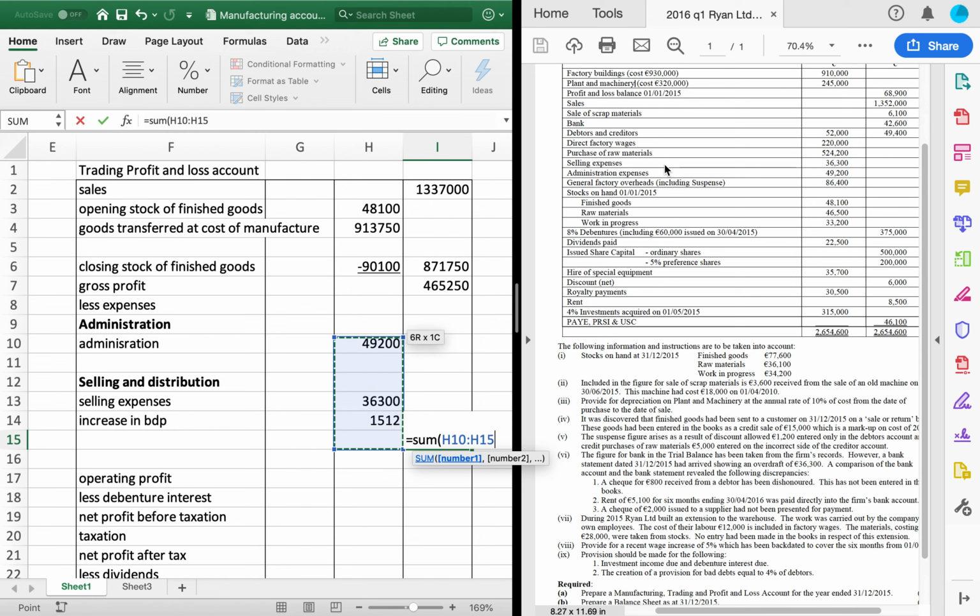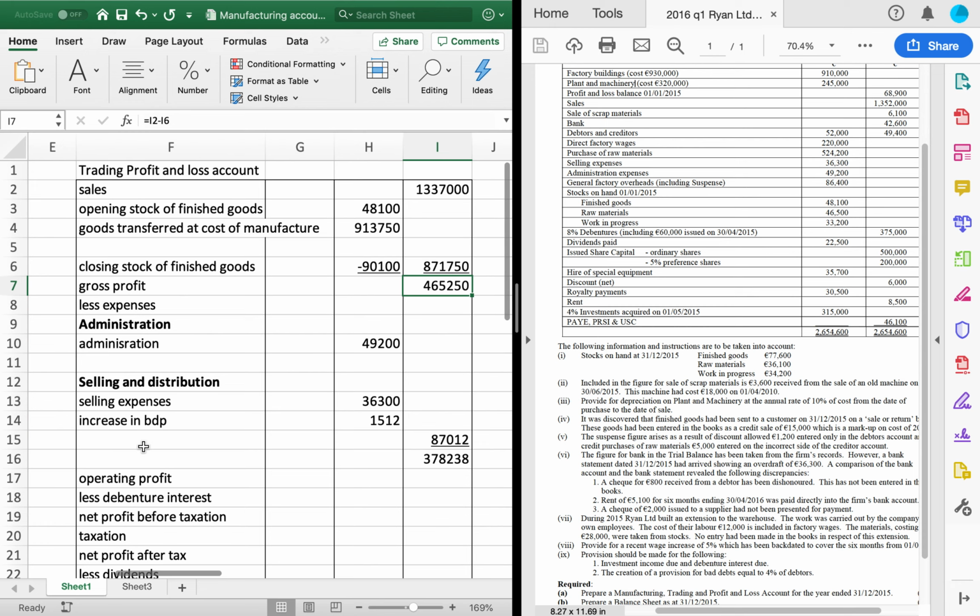Obviously, you should really total them, but anyway, that'll do. 87,012 then is our total expenses, which we'll take away. And you get 378,238 doesn't look right, but we'll see what happens at the end.